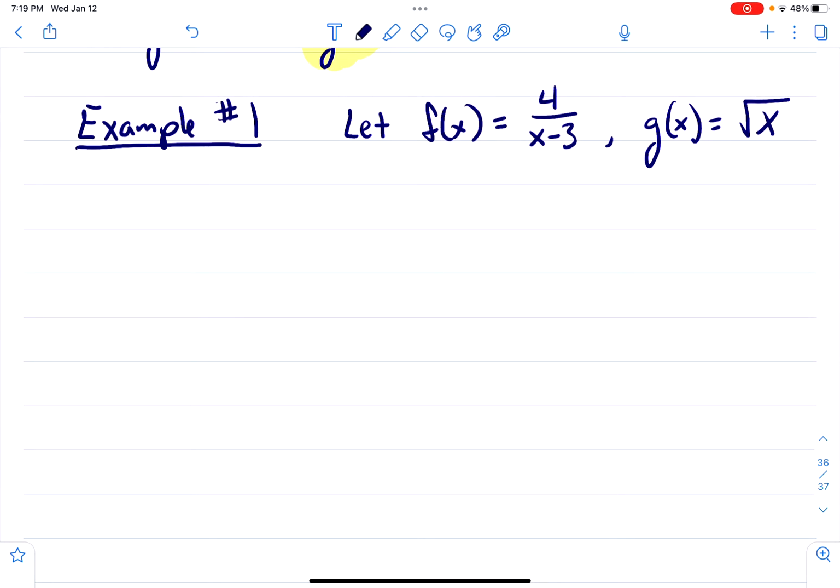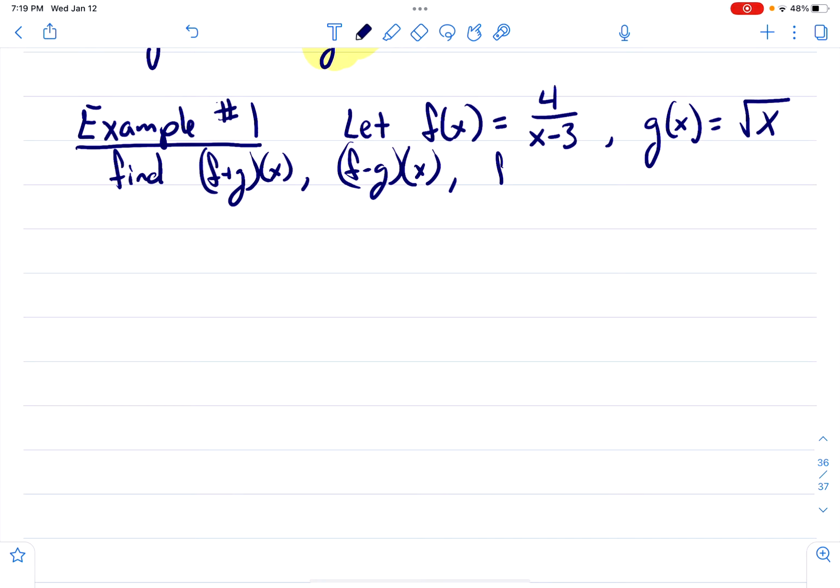That's pretty simple. Okay. And if that's the case, let's say find f plus g of x, f minus g of x, f times g of x, and f divided by g of x. Okay? That's what we're going to do.